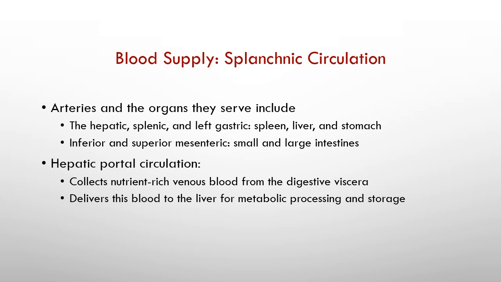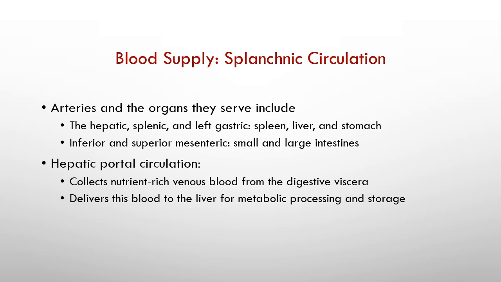We have our hepatic, our splenic, our left and right gastric arteries, and the arteries that feed parts of the duodenum. All of that feeds the first portion of the digestive tract.